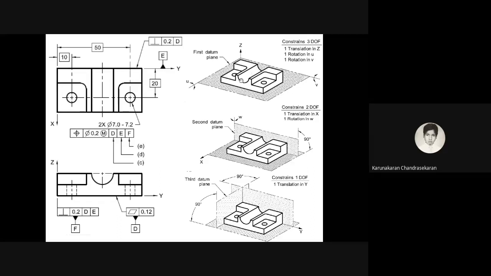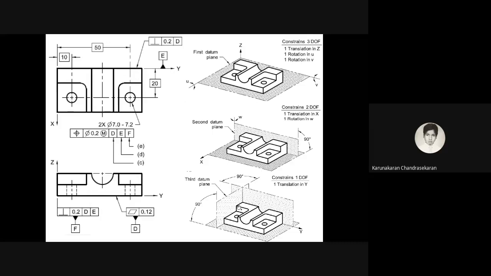It can go in the translative direction, because at the bottom it cannot go. It can go only in the positive direction. Similarly, it can go in the xy. It cannot rotate in this direction, it is constrained, and it cannot rotate in the opposite direction also. It is constrained. So likewise, we should note each rotation constraint with respect to each datum plane.